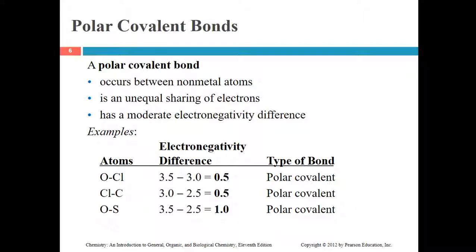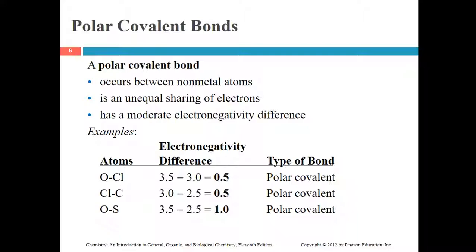So if something is 0.5 or more, it is a big enough difference to be considered polar. And of course it's polar covalent because it's a covalent bond. If something is a 0.4 difference, it is not enough to be considered polar.